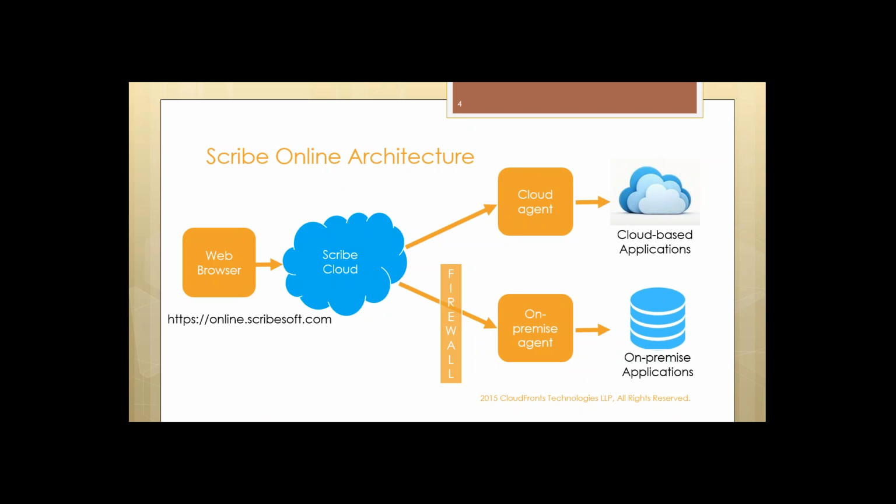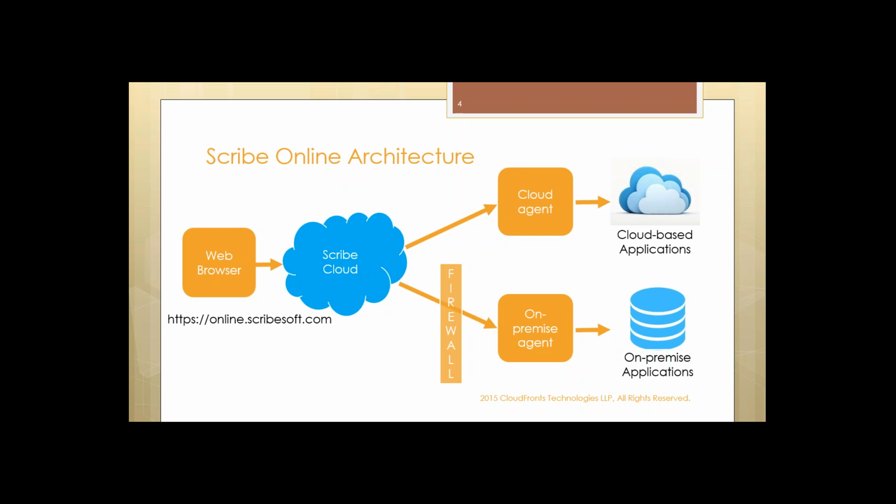In the Scribe Online Cloud rests the designing of the integration solutions. We define the agents, which can be either a cloud agent or an on-premise agent. We give the connection endpoints, the source and target endpoints. We perform data mappings, transformations, scheduling the integration maps, and so on.